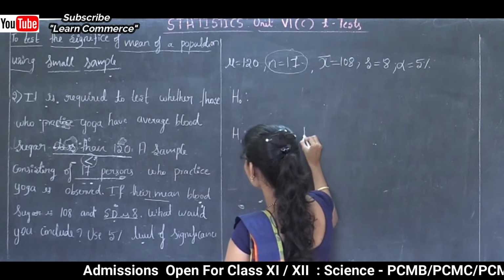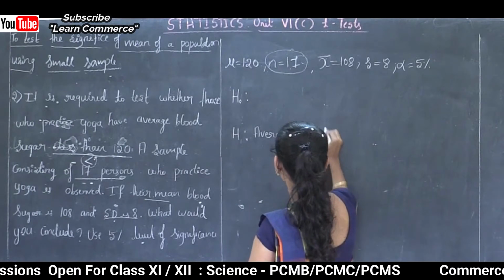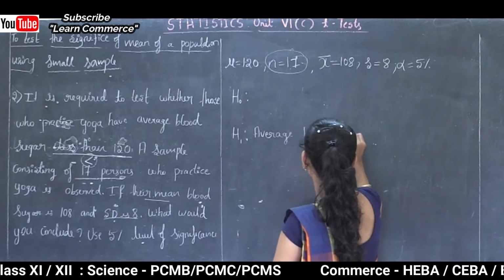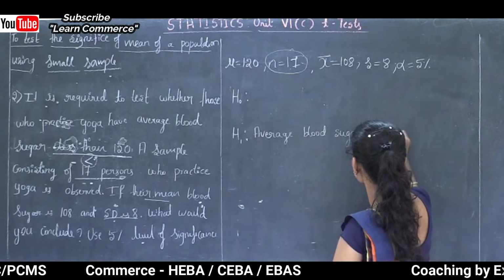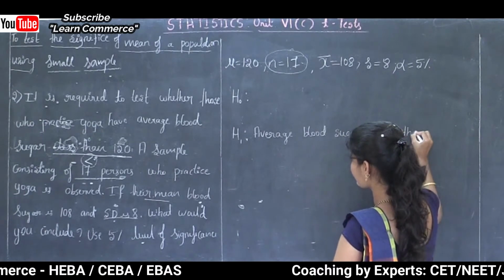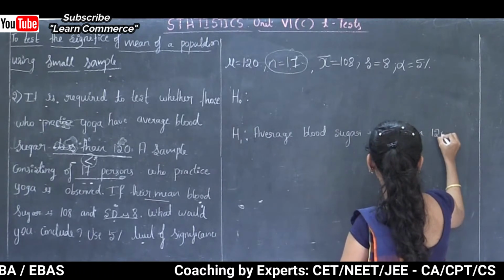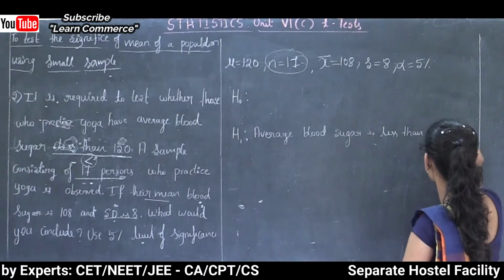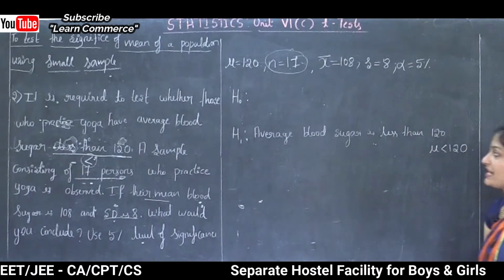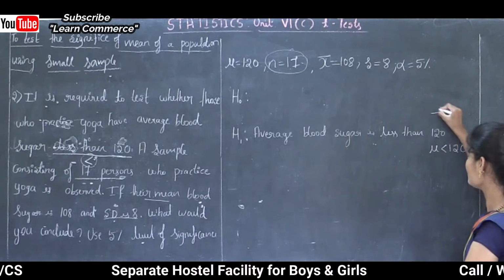Average blood sugar less than 120. So that is mu less than 120. Next, we know that the null hypothesis is always equal to type.